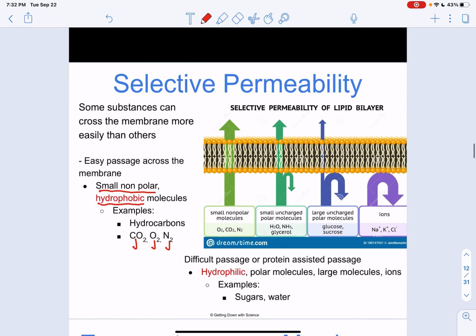What's going to have a hard time getting through the phospholipid bilayer are hydrophilic molecules, polar molecules, large molecules, and ions. Things like sugar, water, sucrose, chloride ions, and sodium ions, all those things.